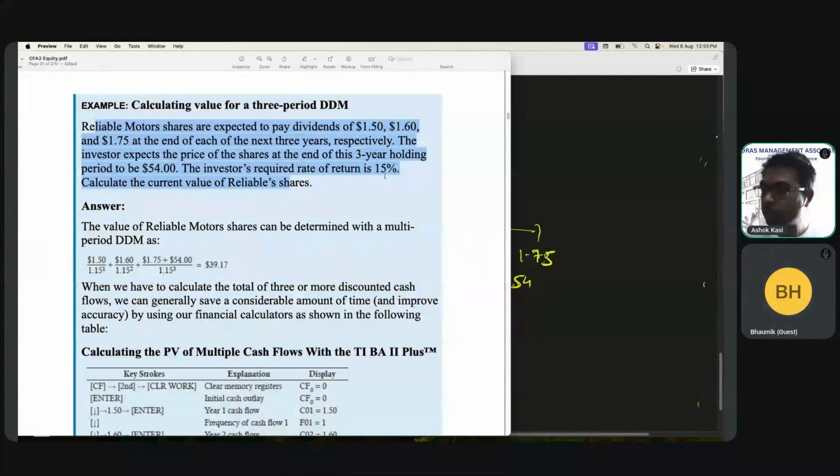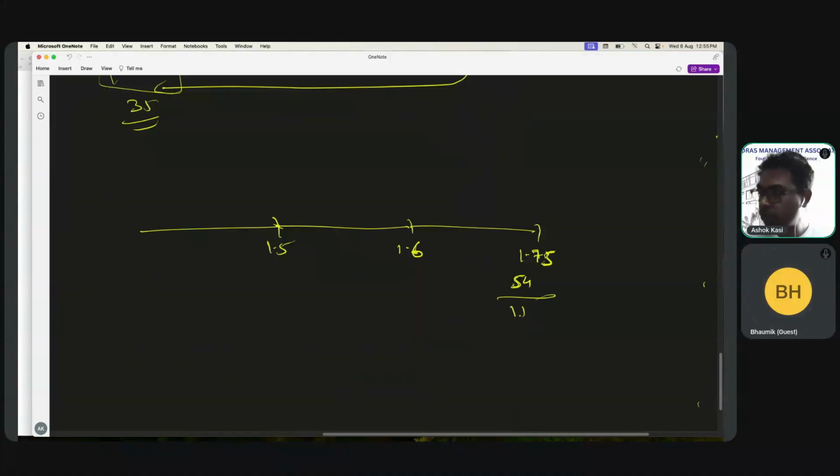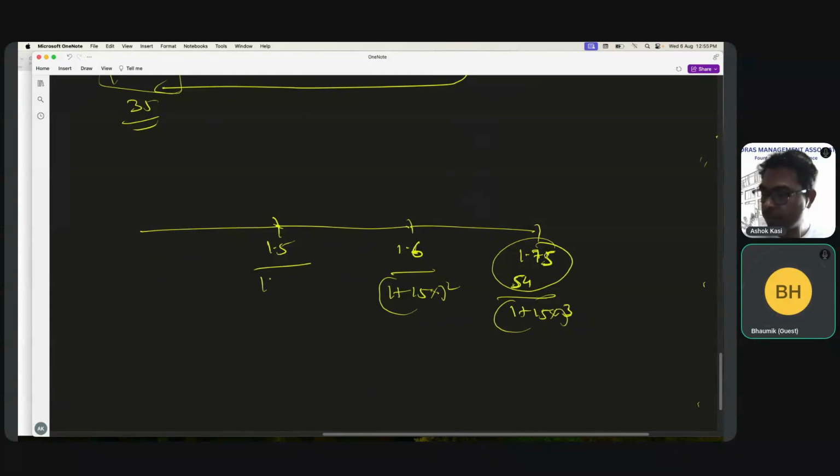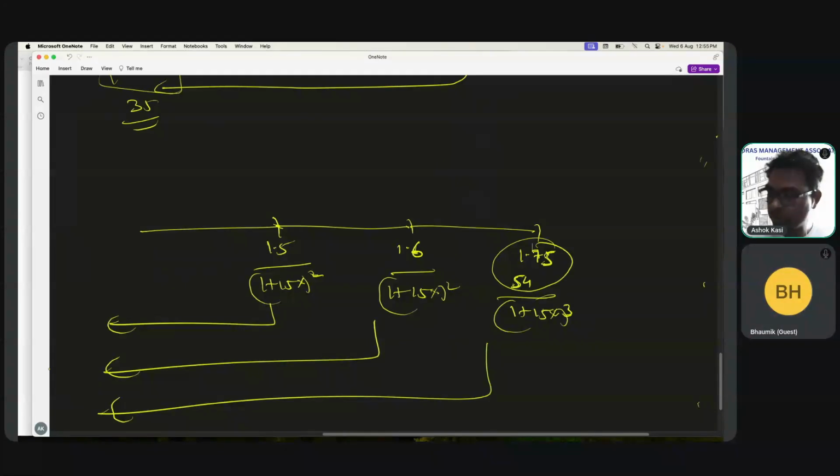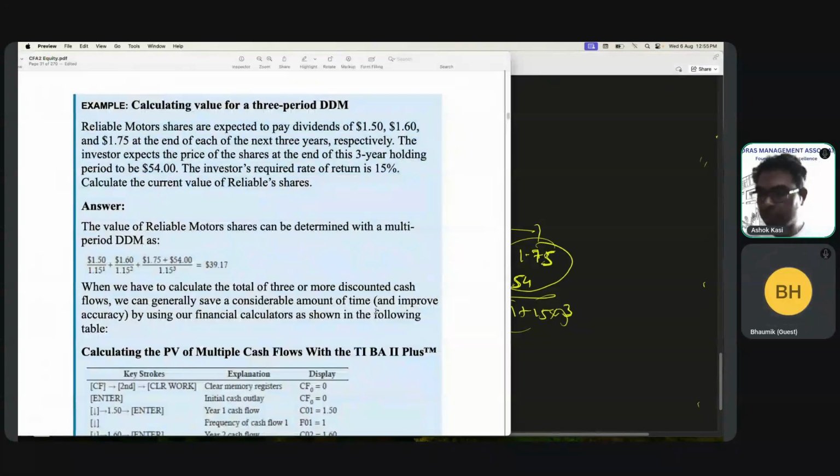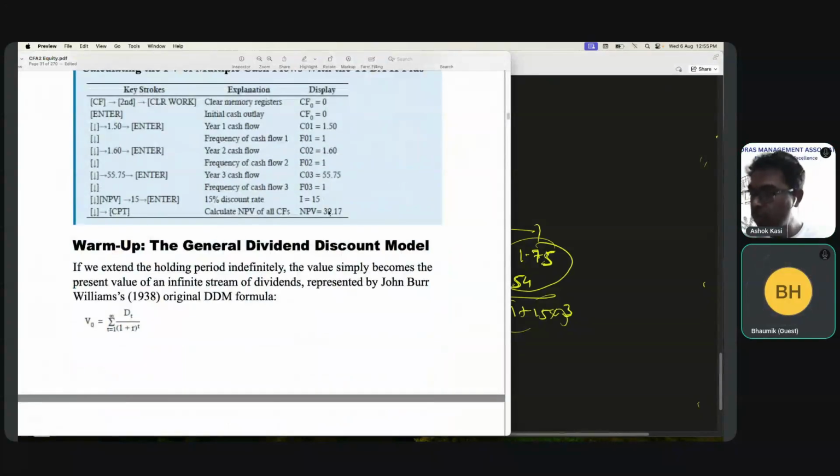The investor's required return is 15%. Again, you can do it using cash flow also. I did it, and it is 39.170. Yes, that's right.